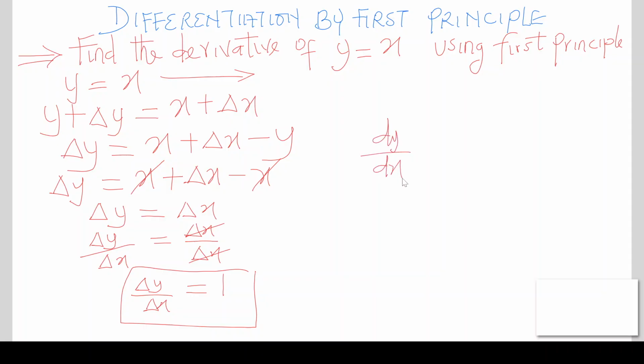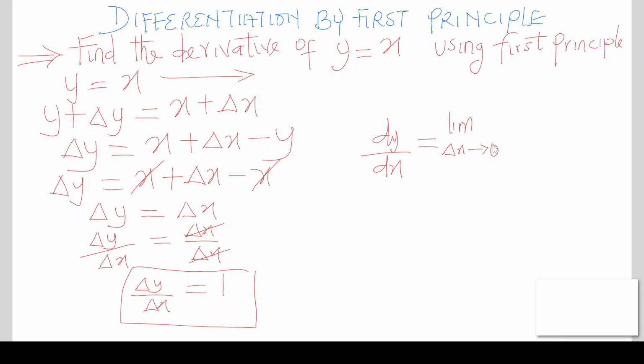So dy dx equals your limit now as delta x is tending towards 0. Limit as delta x equals 0.